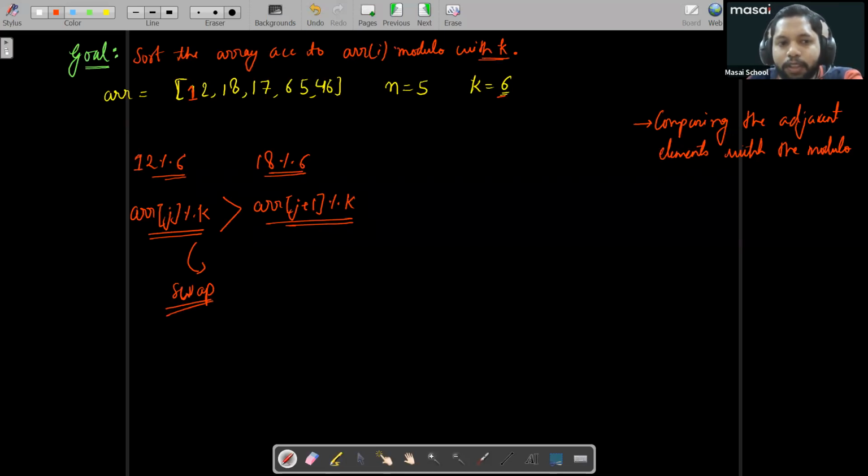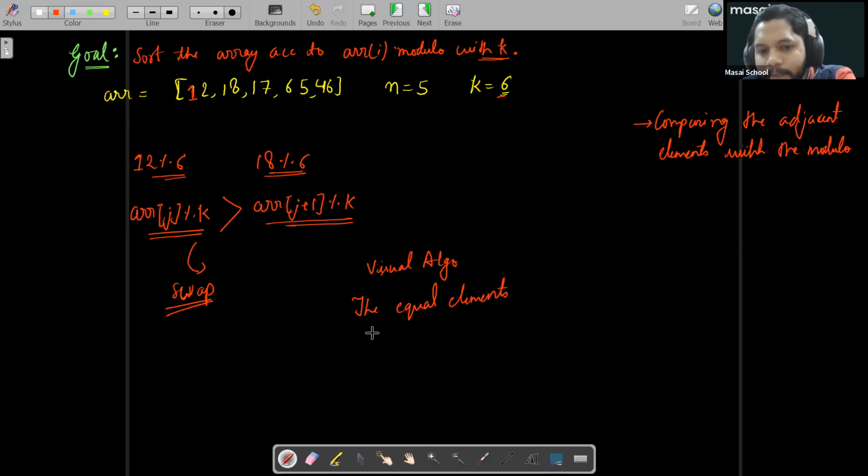Okay. And now you guys already know in bubble sort, like we have seen, the equal elements remain equal and won't change their position. In VisuAlgo, we have seen this. Got it, guys? In VisuAlgo, what we have observed, the equal elements won't change their position.